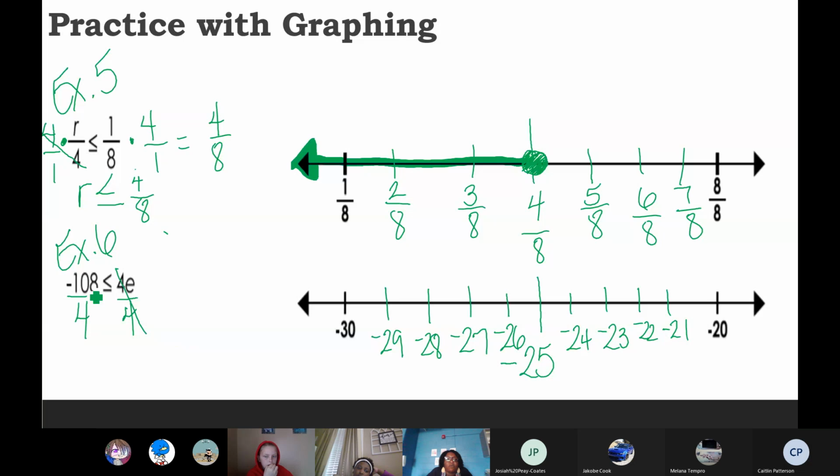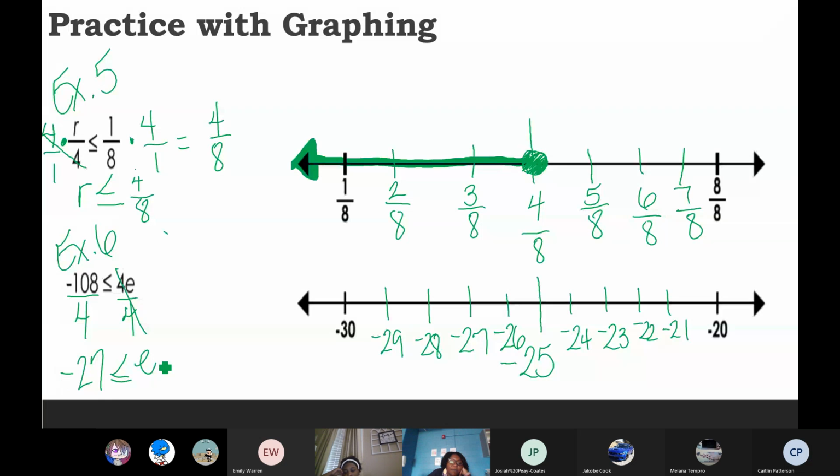And what is -108 divided by 4? Feel free to use your calculators. Get on the mic and tell me what the answer is when you got it. -27.